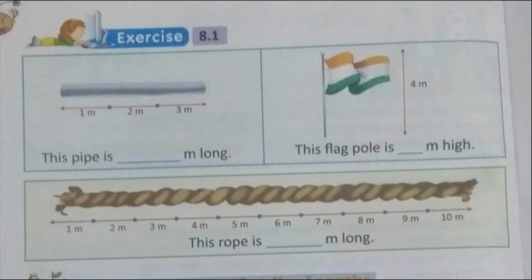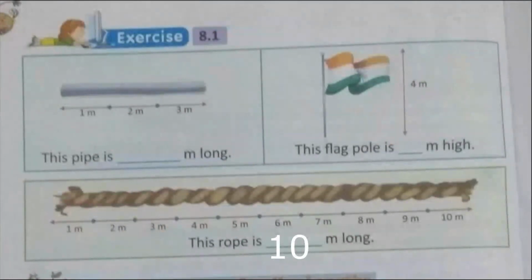So let's measure how long it is. So let's start counting. 1, 2, 3, 4, 5, 6, 7, 8, 9, 10. So how long is it, beta? It is 10 meters long. So the answer will be 10 meters.